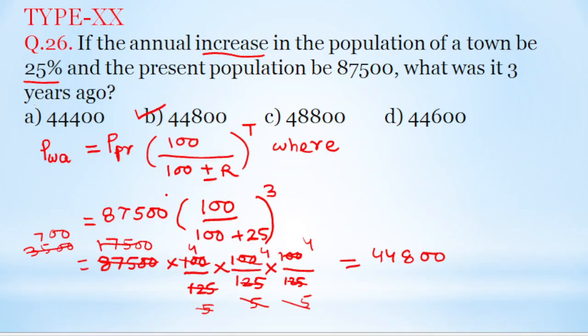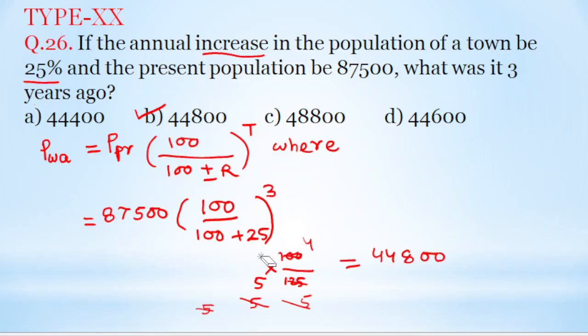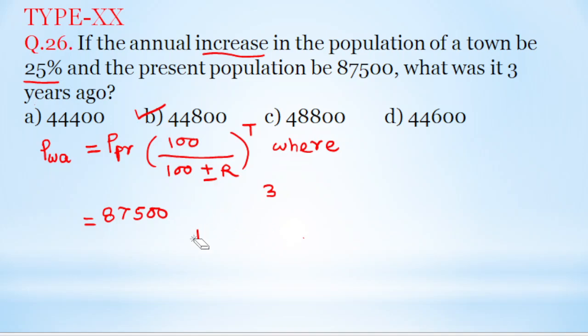Now how to remember this? Listen, the concept is like this. Now here the present population is 87,500. Again, listen, in this type of question we have two factors.